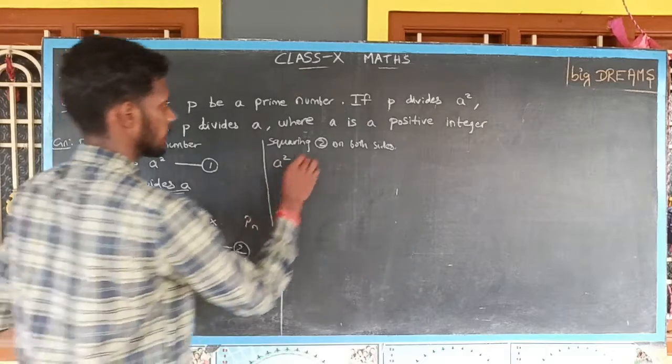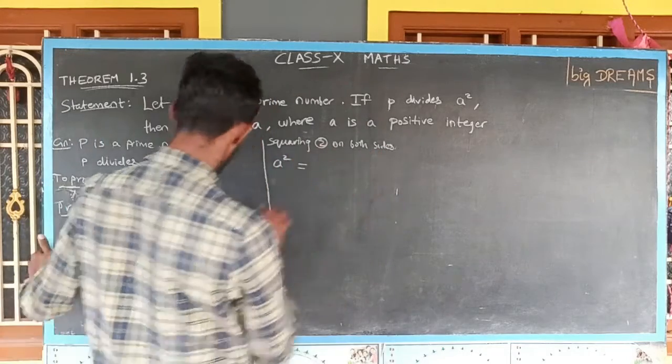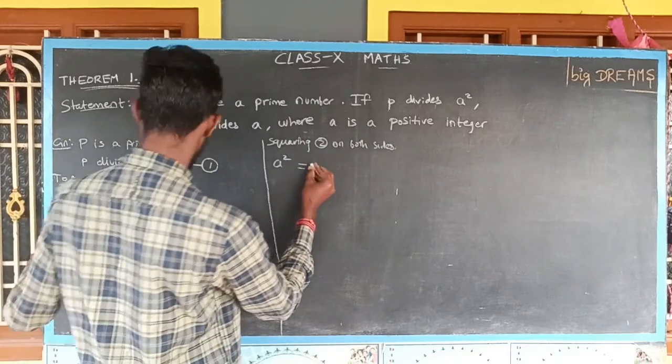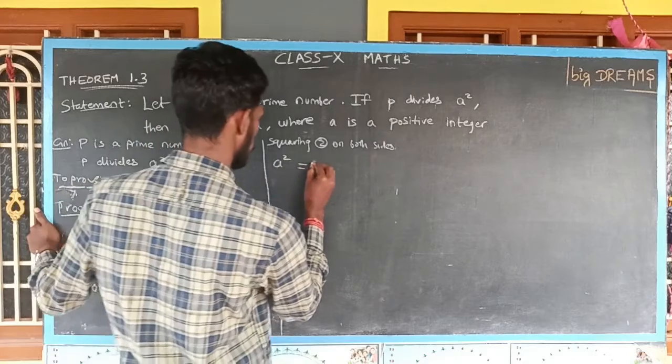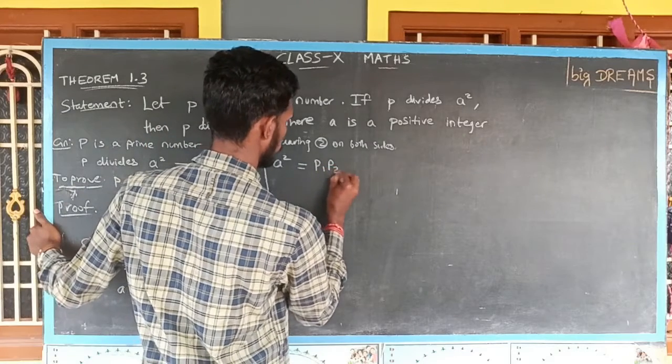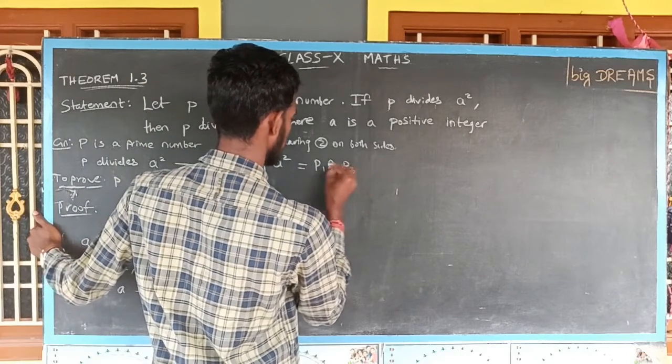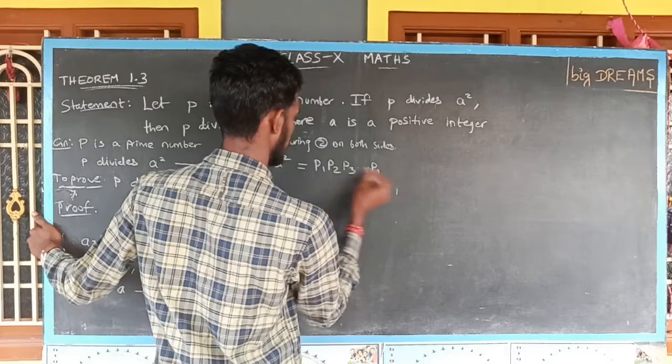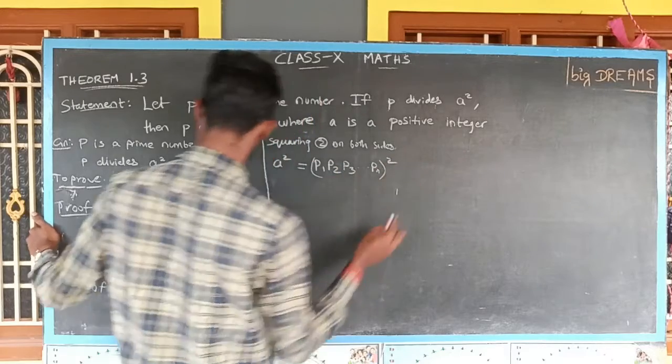I will get A square is equal to (P1, P2, P3 up to Pn) the whole square, right?